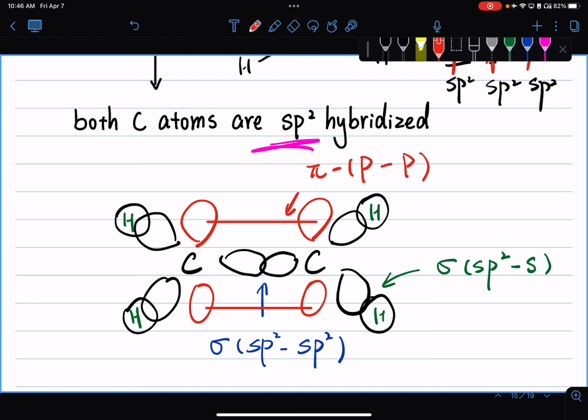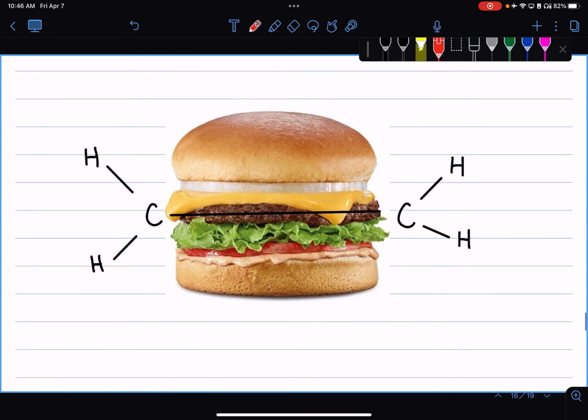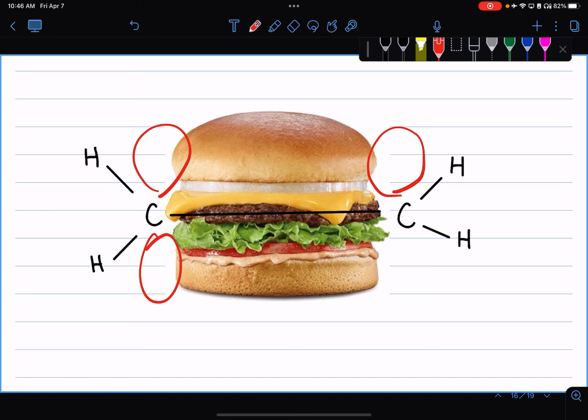One of the common misunderstandings of the pi bond is whether it exists both above and below your sigma bond. So this is what I like to show. It's the same idea. If we don't draw out all the sigma bonds, we only draw the pi bond. We have the p atomic orbital on the left carbon and the p atomic orbital on the right carbon.